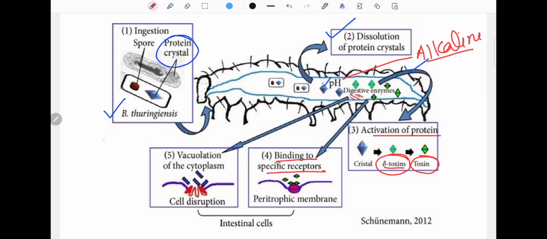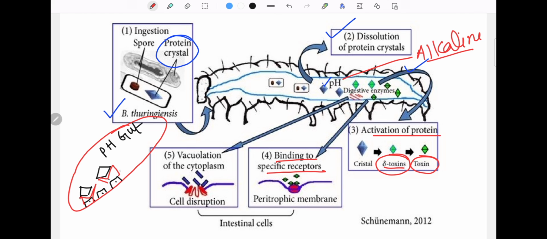So if this is the body of a caterpillar, and there is the presence of these Cry proteins, they get activated by the alkaline pH, and this is the gut of the caterpillar, any insect's gut. There are epithelial cells, and these epithelial cells house receptors for Cry proteins.